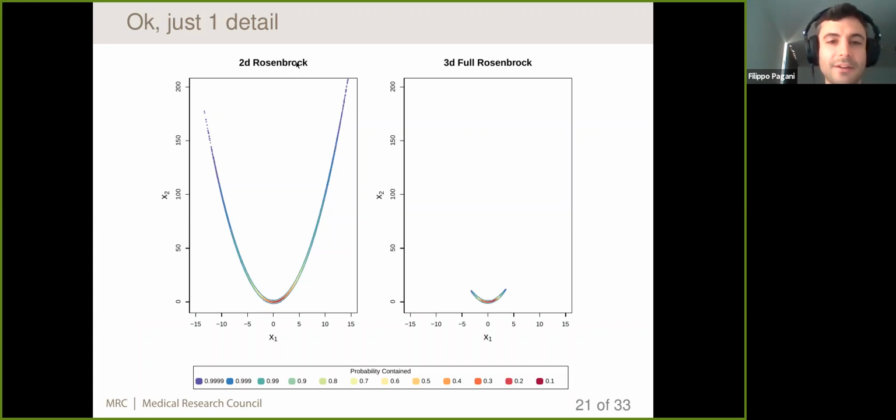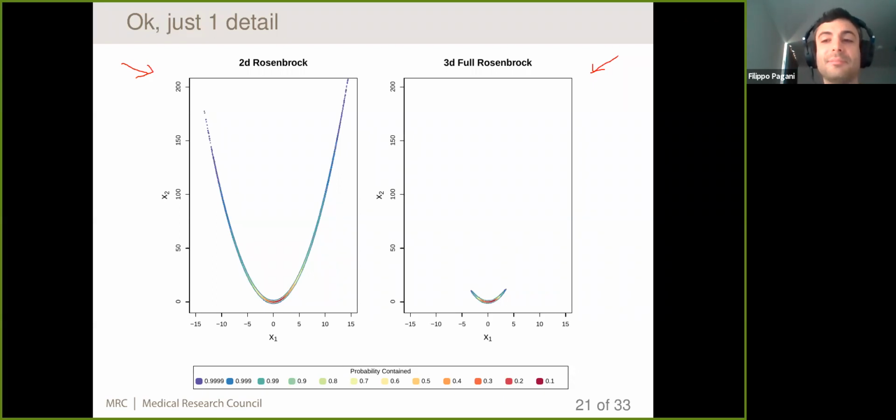This is a Rosenberg distribution. The plot on the left is what it looks like in 2 dimensions. And if you extend it to 3 dimensions using one of the most popular extensions, the shape of the first 2 variables changes from what you see on the left to what you see on the right. And no one says why.